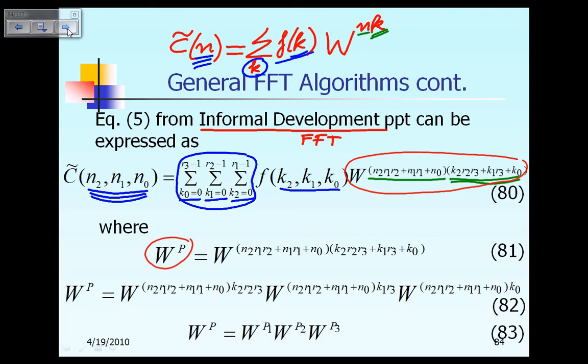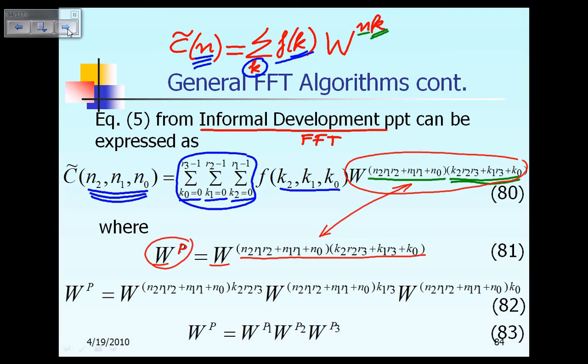Now w is here, as you can see on the right side of equation 81. The power p that you have corresponds to this power right here in equation 81, which again comes from equation 80.